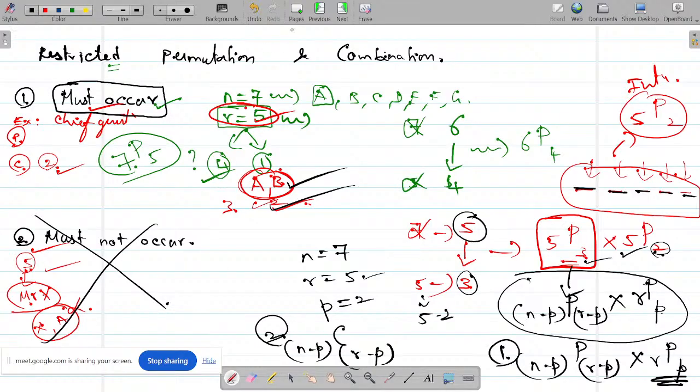Restricted case. First case: must occur. Here we'll introduce one more alphabet along with N and R. We introduce P, which is the number of items that must occur. So for permutation, what's the formula?